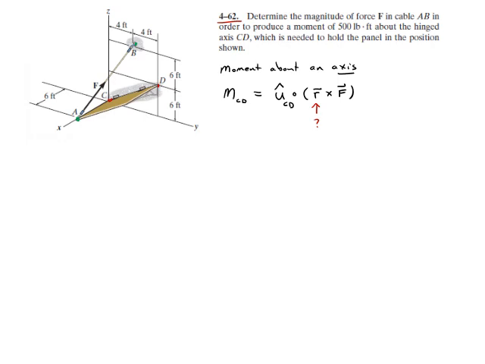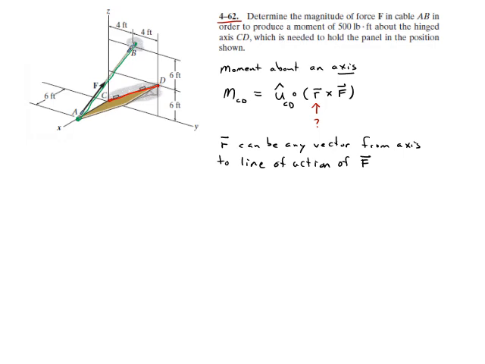And in fact, I'll tell you a little trick: r can be any vector from the axis to the line of action of F. So basically any vector that starts on this line and ends on this line is what I can use for r.